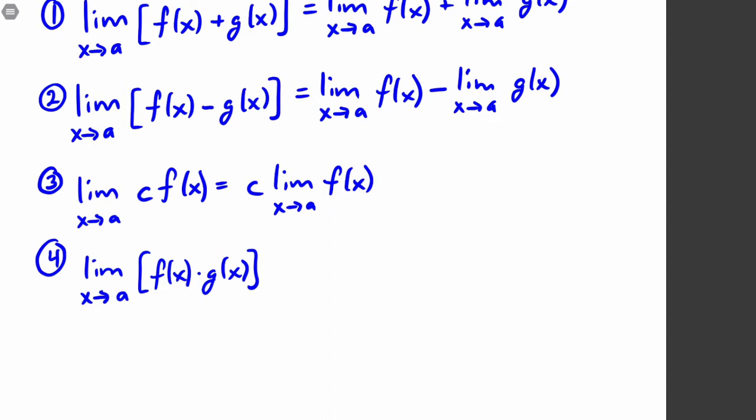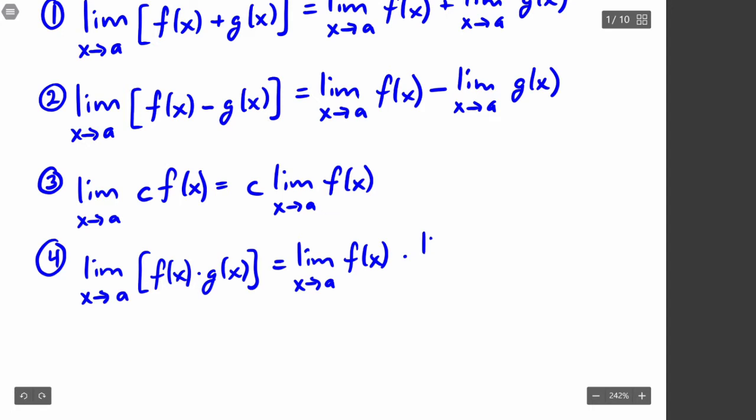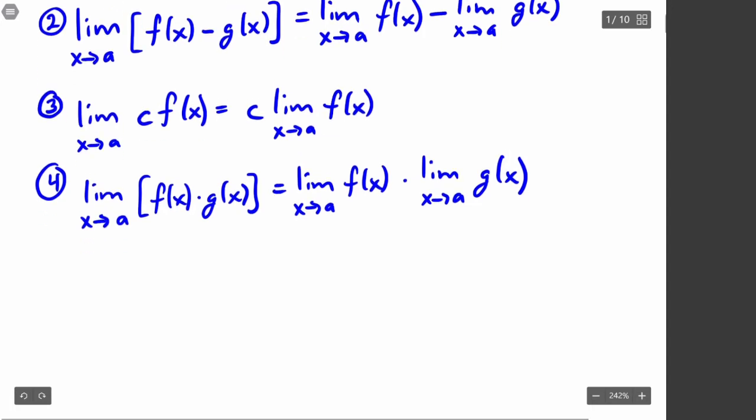But in this case, with limits, yeah, it does. If we multiply two functions, then take the limit, we can instead take the limit of the two functions first and multiply those. Wonderful.